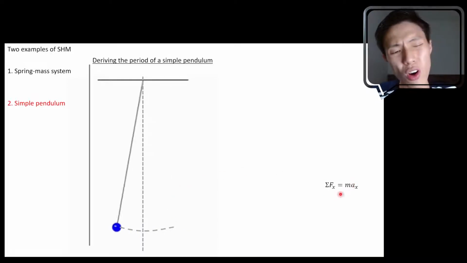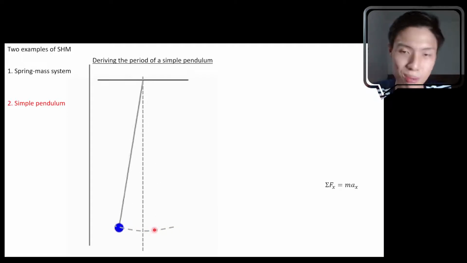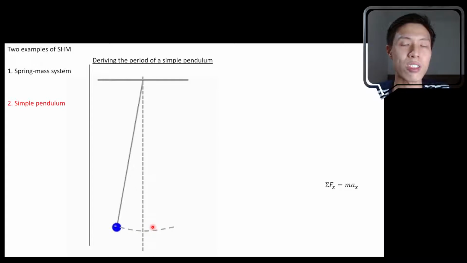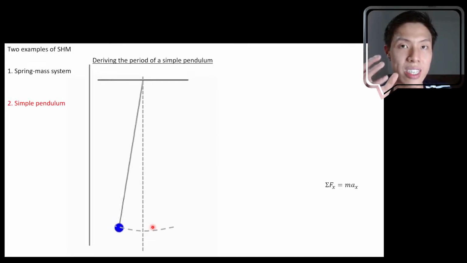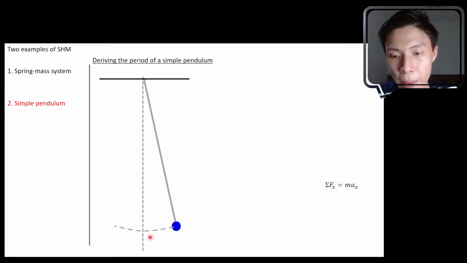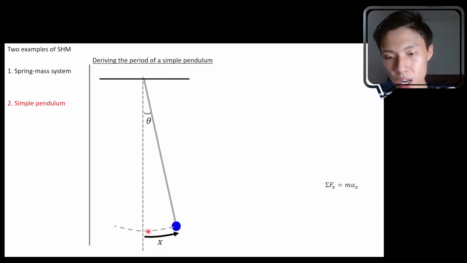Again, we'll call it x because it's very similar to the x dimension. There is a little bit of difference, but we can choose to just treat it as x. My x will be traced out from the equilibrium position towards the position of the object, and this distance we call x. So the object is going to travel in this x dimension.